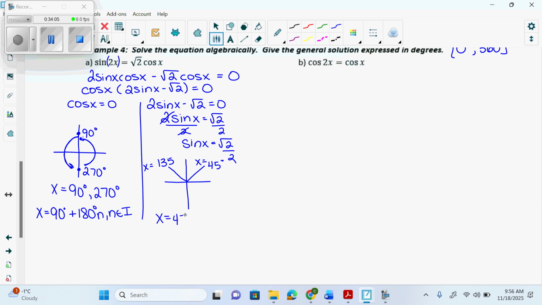So it's 45 degrees plus 360 degrees n, n an element of the integers. And then x equals 135 degrees plus 360 degrees n, n an element of the integers. Make sense? So you would need this and these.